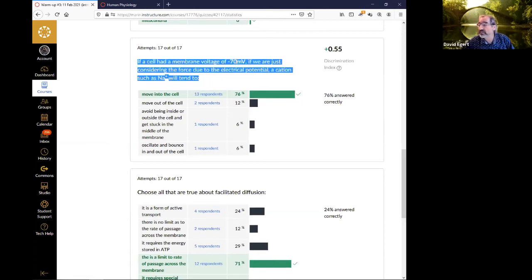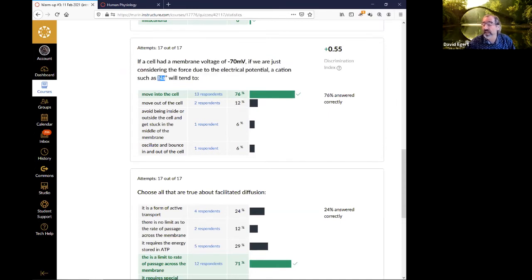So if it's -70 millivolts, it means the inside is more negative than the outside. Whenever you see this voltage, it's the inside compared to the outside. So that means the inside is more negative and the outside is more positive.